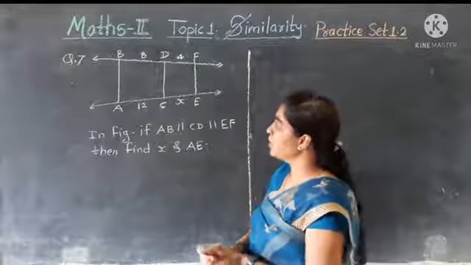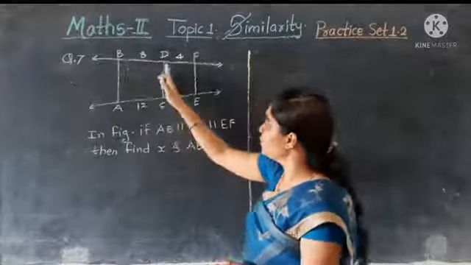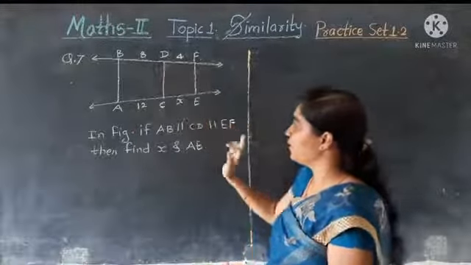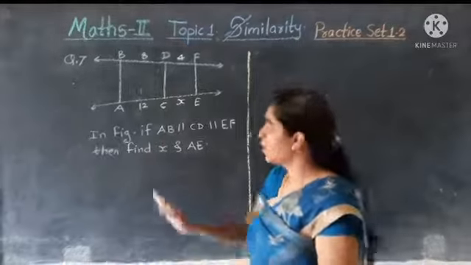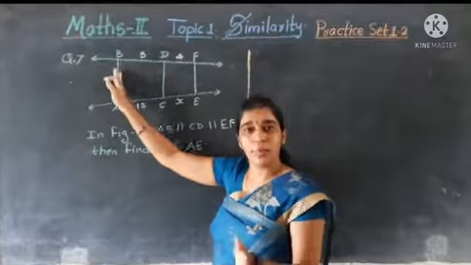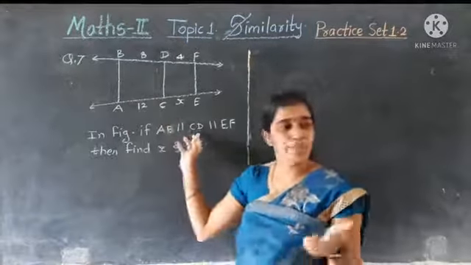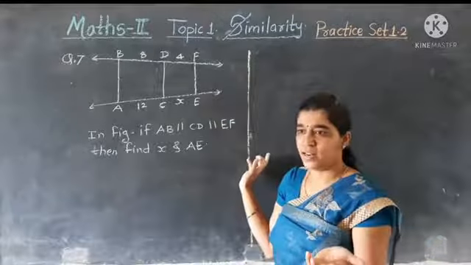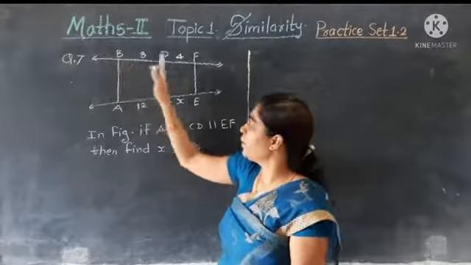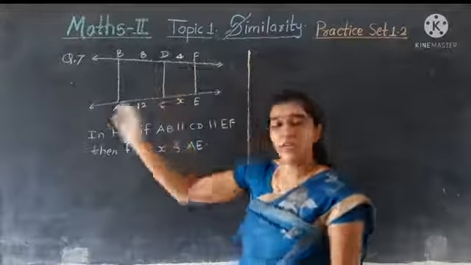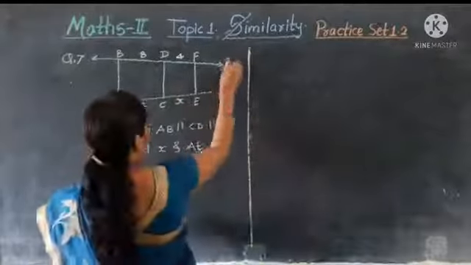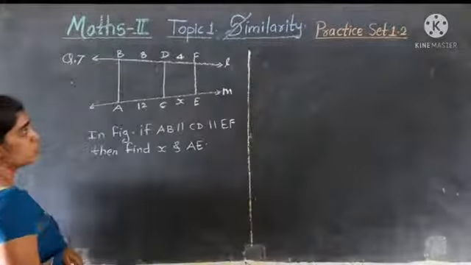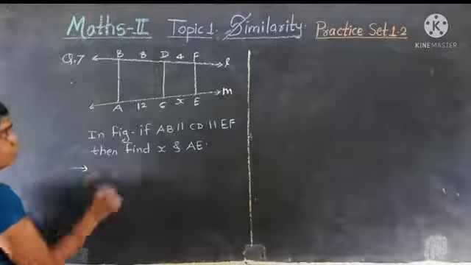See in the figure AB is parallel to CD, CD is parallel to EF is given, and we have to find X and AE. So here we use the property of parallel lines. These are the parallel lines and these two are the transversals. You call these as lines L and M. Okay. So we use the property.